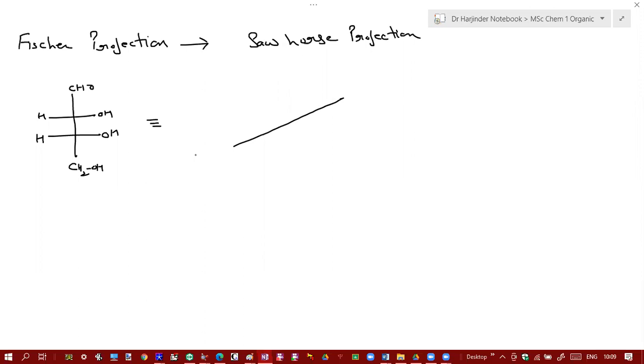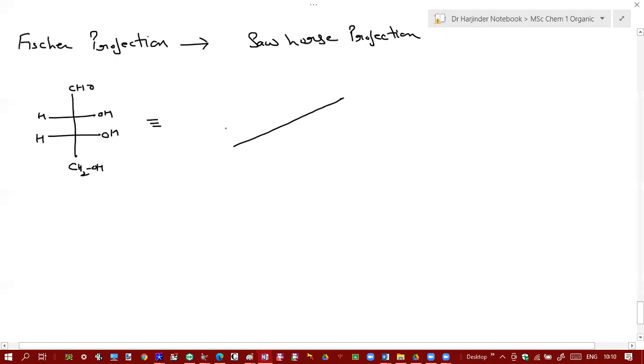Fischer projection always gives rise to eclipsed conformation. So you have to draw eclipsed. And what happens in case of eclipsed? Groups on adjacent carbons are directly behind each other.